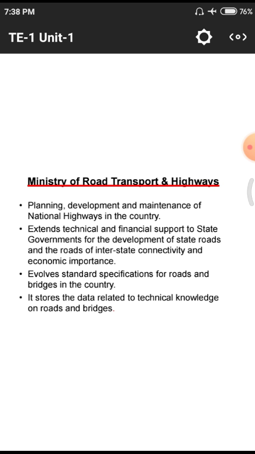Planning means before the year starts they need to first plan for the next 20 years what we have to do, how much road we need to construct and how many bridges we need to construct. All of those they need to plan. The next one is development, that means they need to put those plans into action. And the next one is maintenance, that means they have to maintain the existing roads.